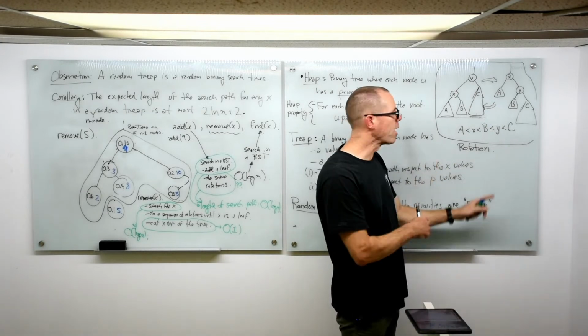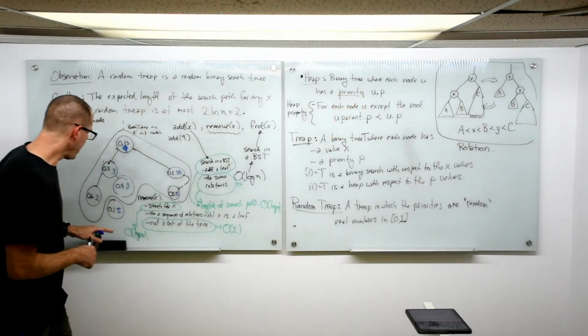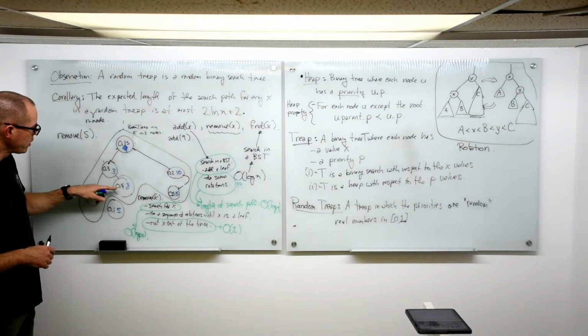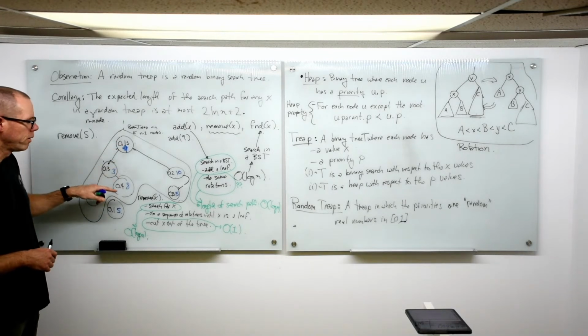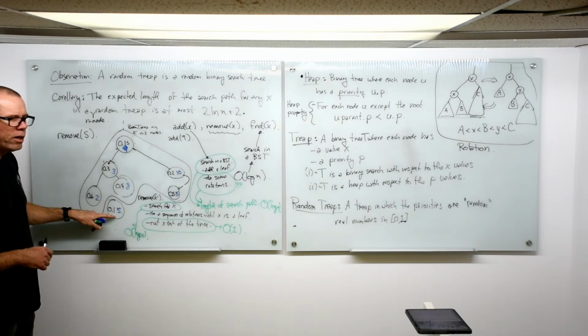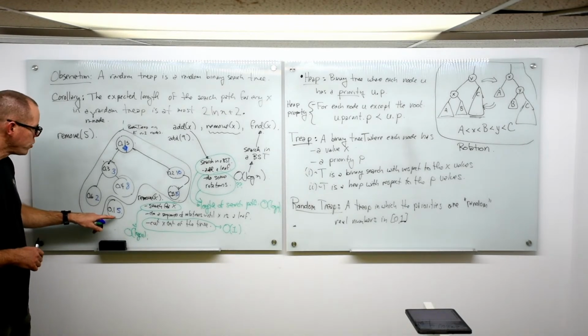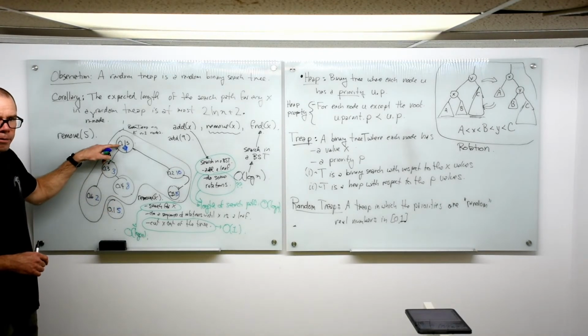So when I play the video backwards, I see a sequence of rotations. And each of those rotations is bringing this thing up higher in the tree. In fact, if I play the video backwards, the video looks exactly like I had just inserted this thing into this tree with this priority.